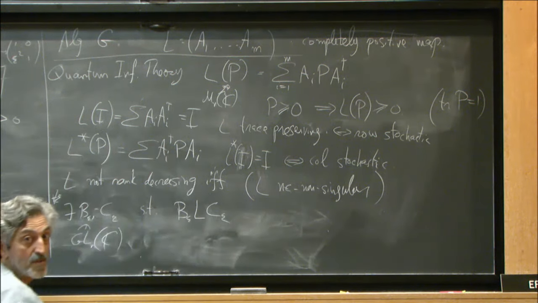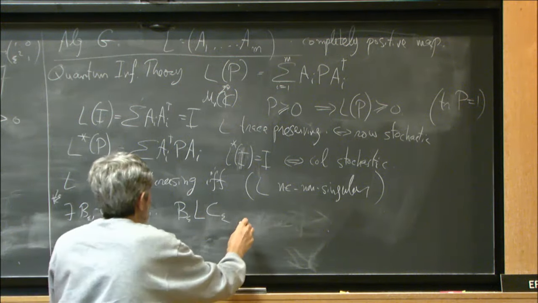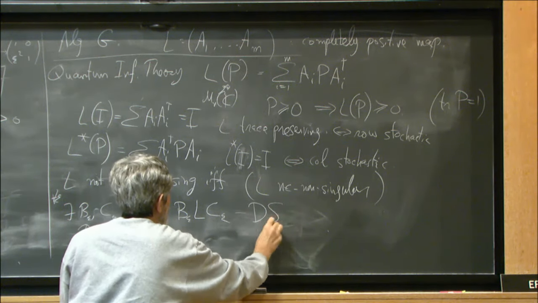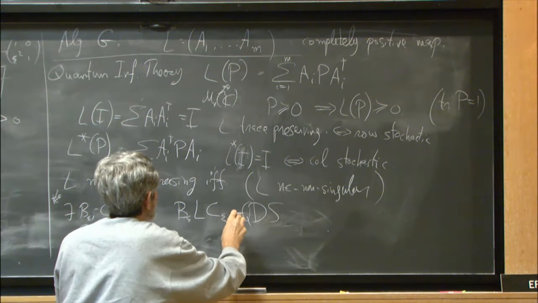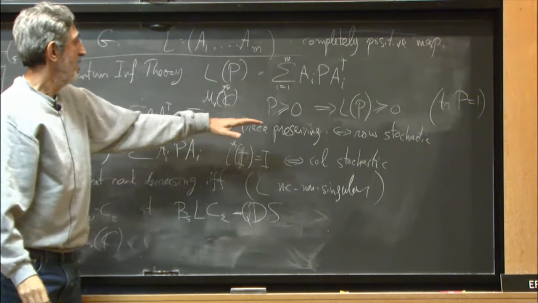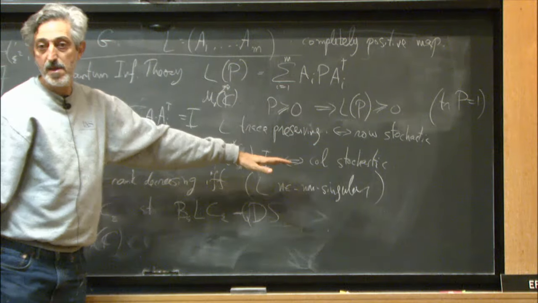You just do the same to all matrices. Quantum doubly stochastic means those that are both column stochastic and row stochastic.